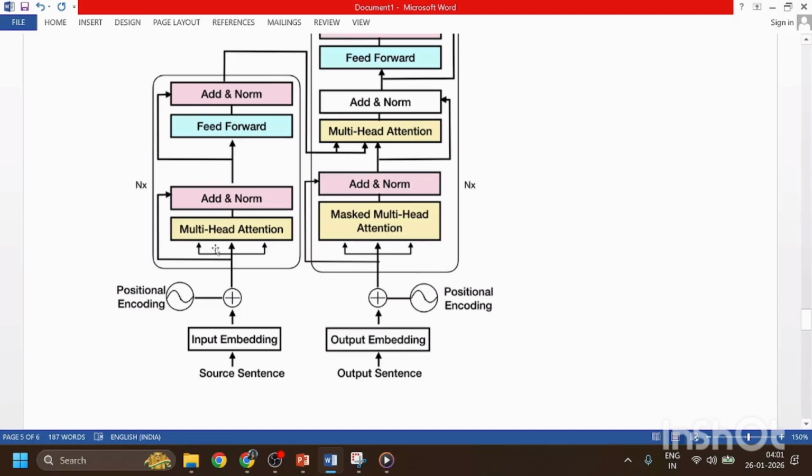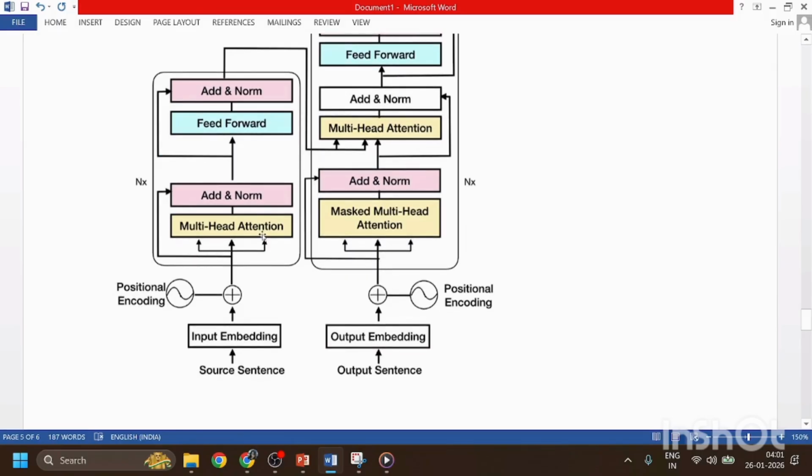Self attention allows each word to look at other words in the same sentence. For example, in the sentence "I love programming in Python," programming may pay more attention to Python.